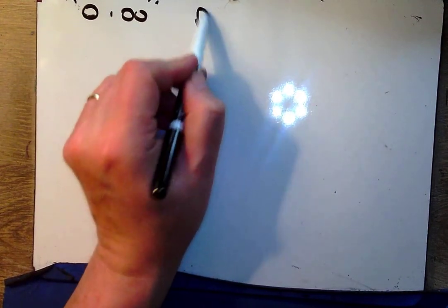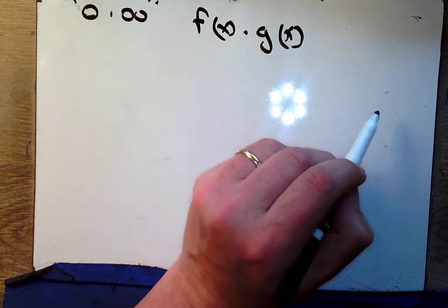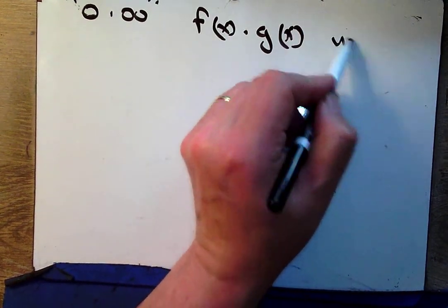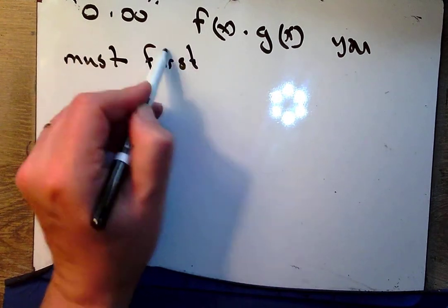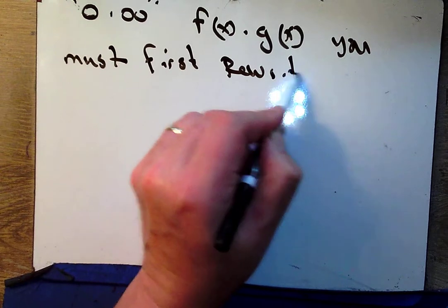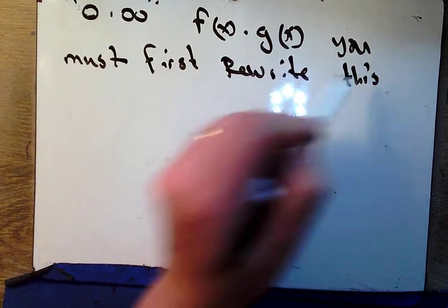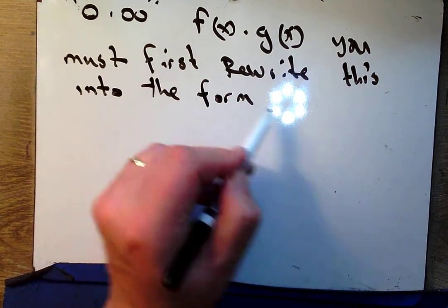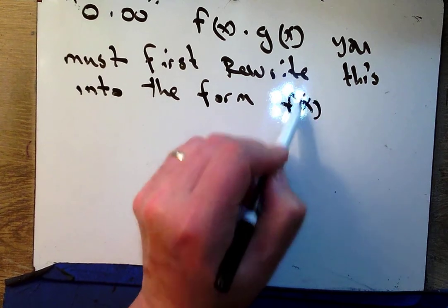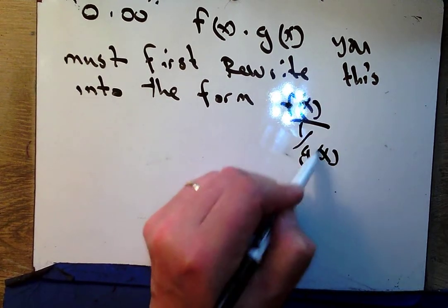So when you have this form, f times g, you must first rewrite this into the form f of x over, not g of x, but 1 over g of x.